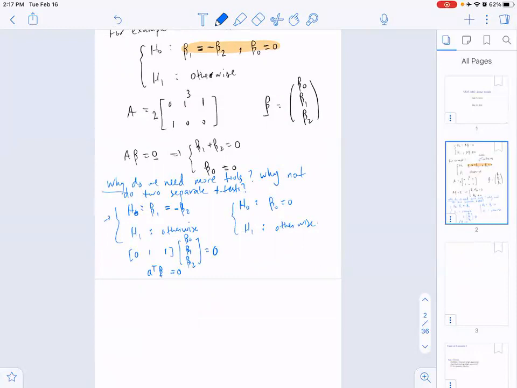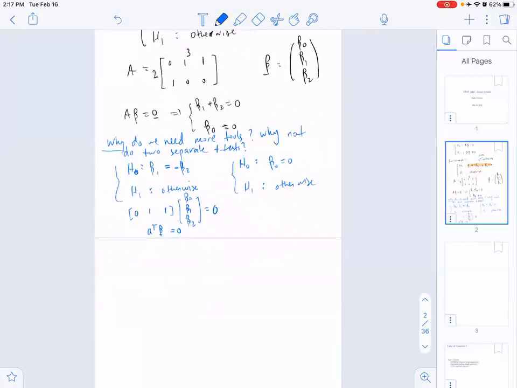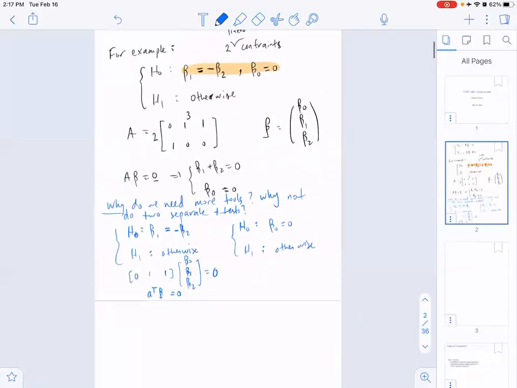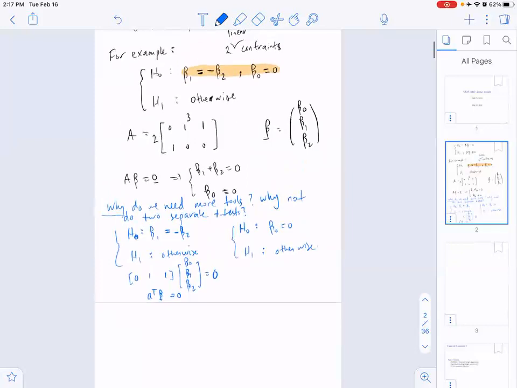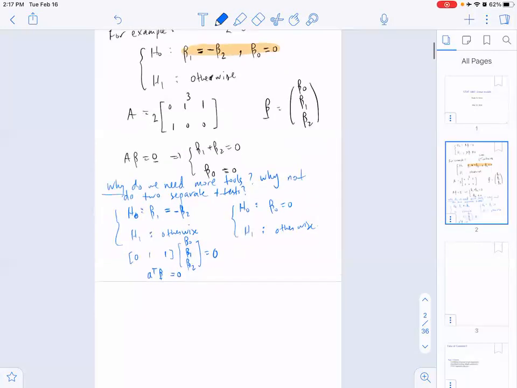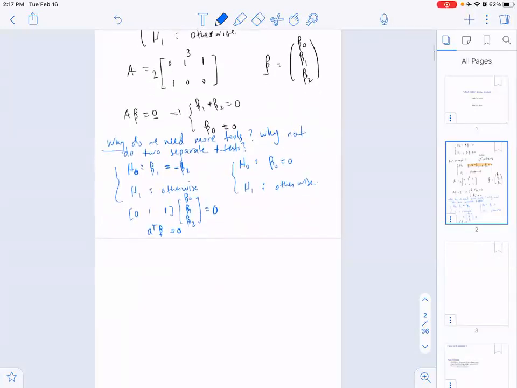So if you test both at level alpha, there is no guarantee that your level for this would be alpha. So can anyone argue that? Can we somehow formalize it and see how we can deal with it?